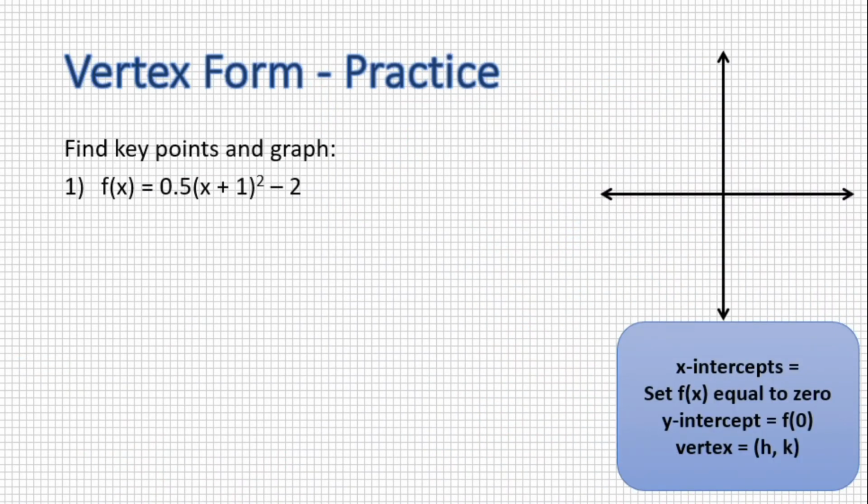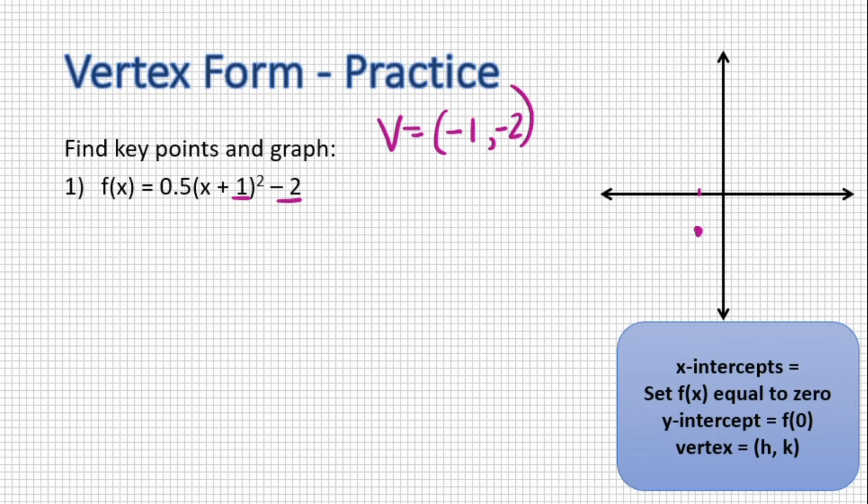Another example of key points from vertex form. So let's start by finding the vertex: (-1, -2). Not bad. I'll put that on. So we're going to go -1 in the x-axis direction and down 2 in the y direction.